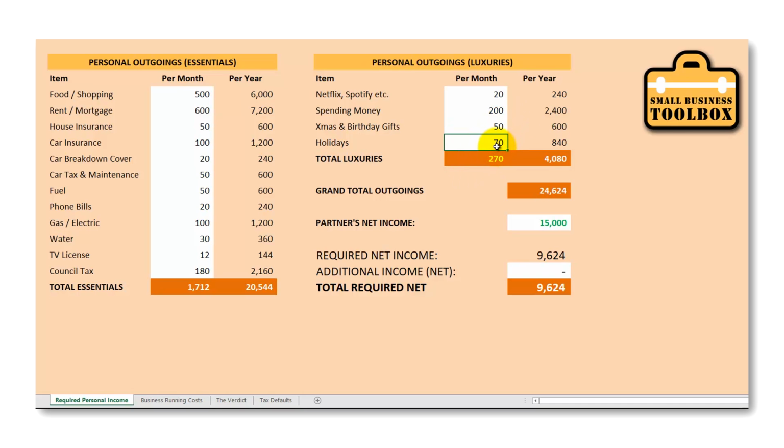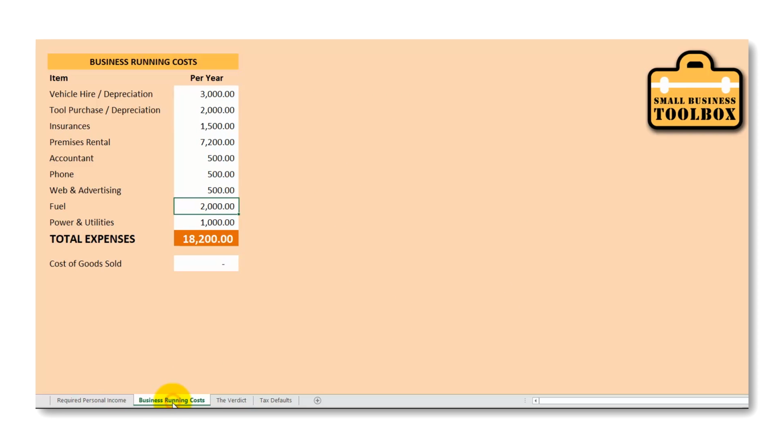Holidays, that's going to cost you more. Okay, so on the plus side, because you're now sharing your financial burden with your partner, you only need to make 10 grand a year now to survive. So we'll keep all these running costs the same.